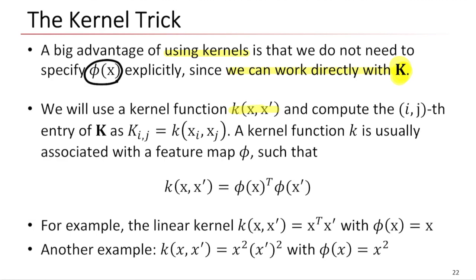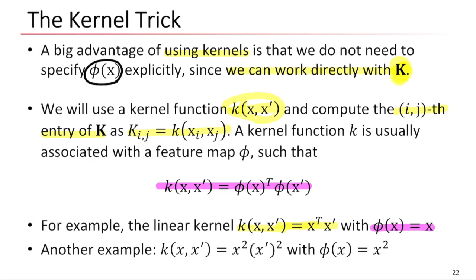Kernel function K of x comma x prime, and we compute the i, j entry of the kernel matrix K, which is going to be Kij, something like this. For example, if we define the linear kernel, the mapping function is just x itself.